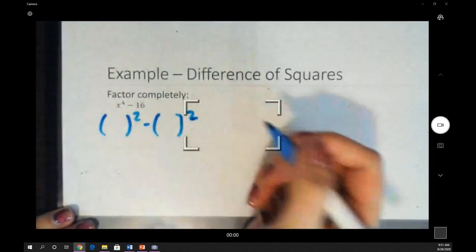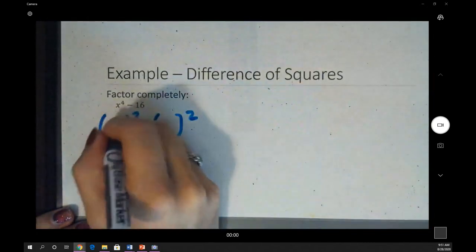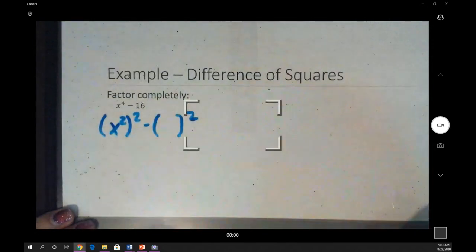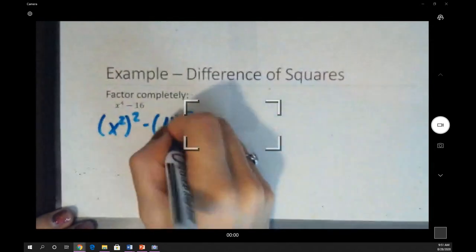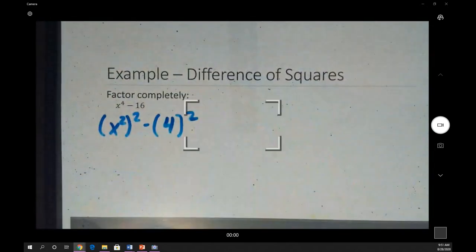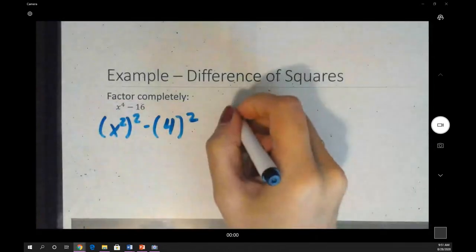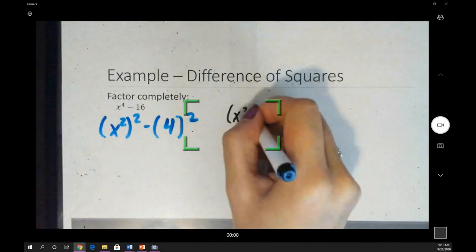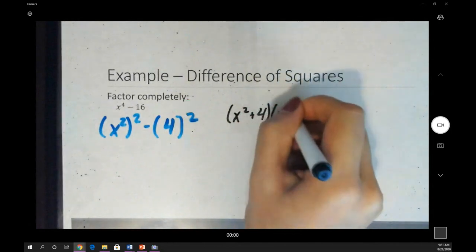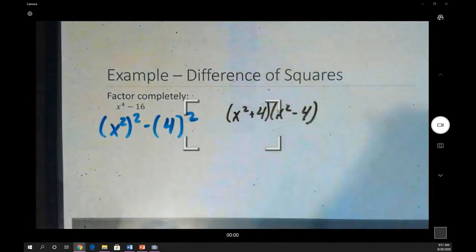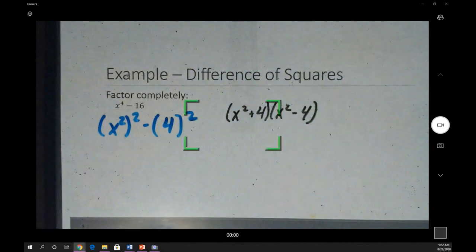Well, we said last time that x to the 4th is x squared squared. 16 is 4 squared. So that means our x to the fourth minus 16 is going to factor into x squared plus 4, x squared minus 4. You might be saying to yourself, well, I don't see what makes it all that different. The problem here is that we're not done.